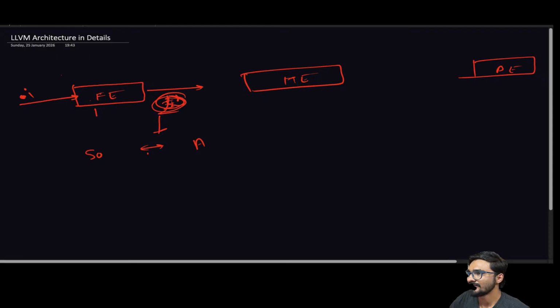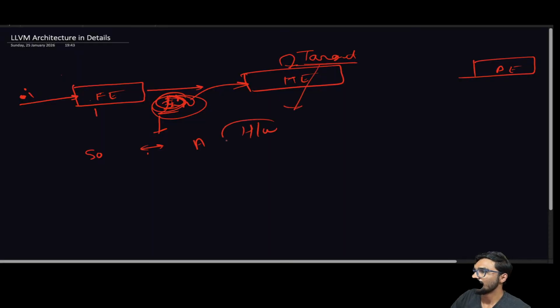Once the IR is generated, it is given as input to the middle end. The middle end runs multiple optimizations, which are also called target independent optimizations. What I mean by target here is the hardware target. We don't care on which target hardware it will run; the optimization does not take care of the hardware where it is going to run.